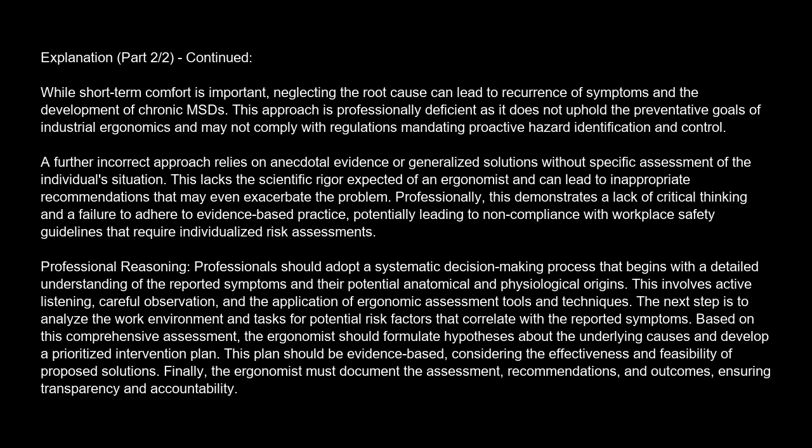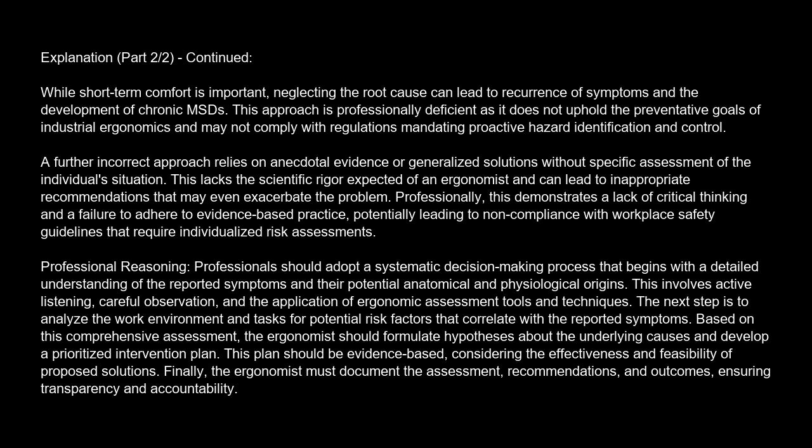Professional reasoning. Professionals should adopt a systematic decision-making process that begins with a detailed understanding of the reported symptoms and their potential anatomical and physiological origins. This involves active listening, careful observation, and the application of ergonomic assessment tools and techniques. The next step is to analyze the work environment and tasks for potential risk factors that correlate with the reported symptoms.